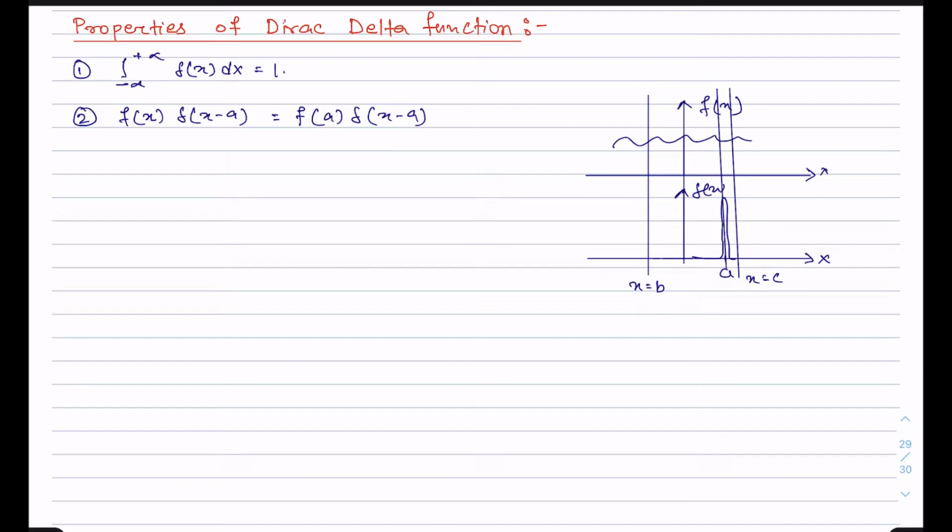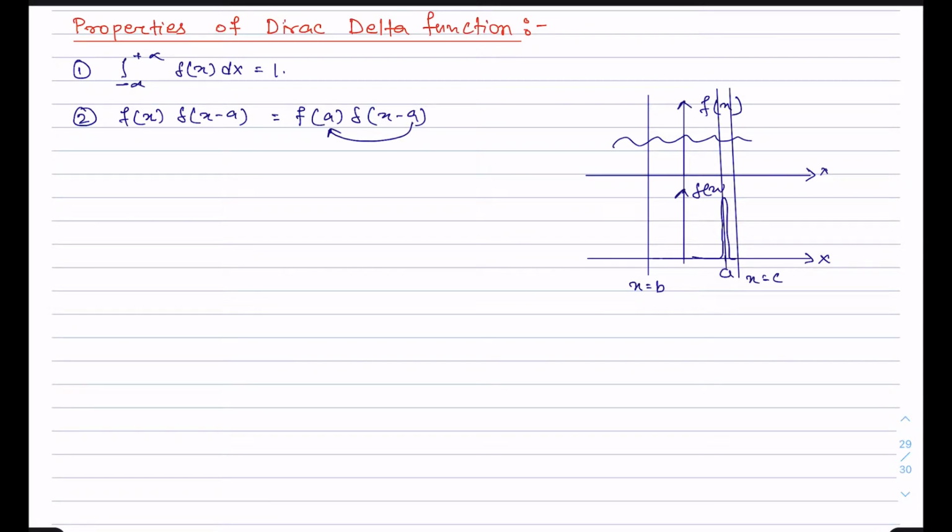So you get a value of f(x) only at the point where the delta function is defined, or where the value of the delta function is not 0. From this argument we can say that f(x) delta(x minus a) is equal to f(a) delta(x minus a), which is where this delta function is defined.